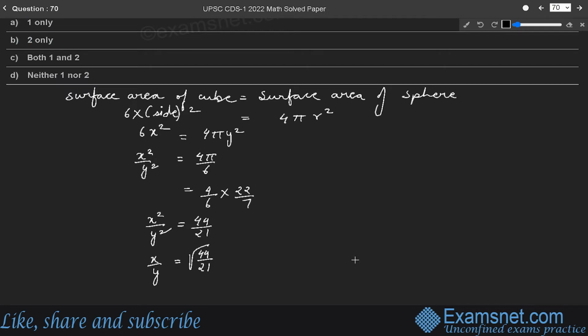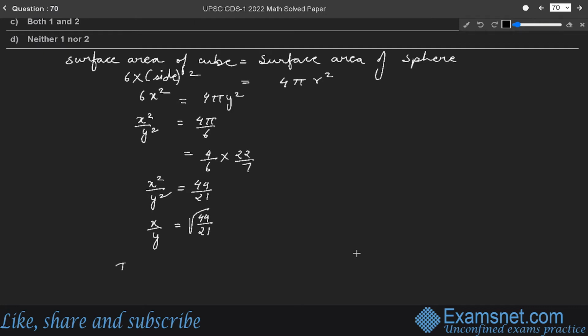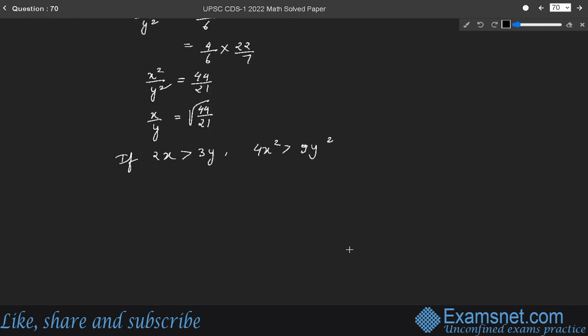Now, if 2x is greater than 3y, then 4x square will also be greater than 9y square. It is obvious. Therefore, putting the values here, we get 4 into under root of 44 square is greater than 9 into under root of 21 square.